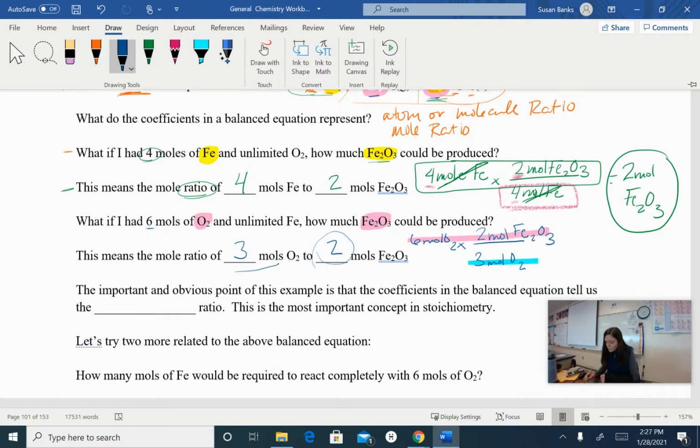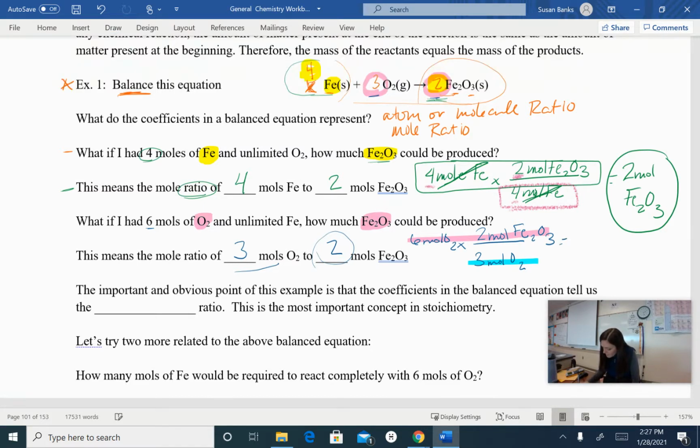Did you say 4? Yep. So I would be able to make 4 moles of iron 3 oxide. Notice my moles of oxygen are canceled out. So the only mole unit that I have left is iron 3 oxide. So that's what I've got.